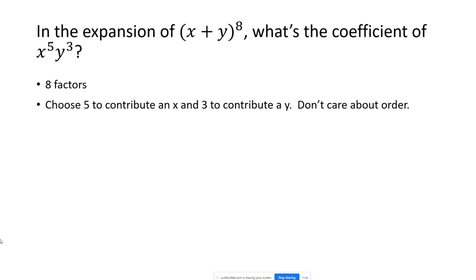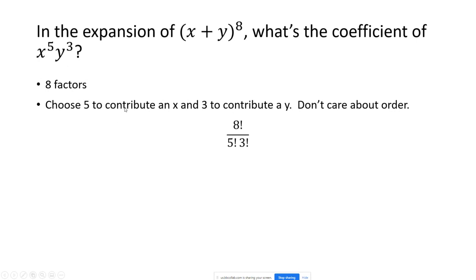All right. So we have a total of 8 things, and we want to choose 5 of them to belong to one group, and 3 of them to belong to a different group. So we're choosing from among the factors. So like where x plus y would be one factor, and we want to choose 5 of them to belong to the group that's contributing an x, and 3 to belong to the group that's contributing a y.